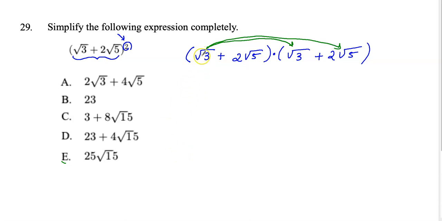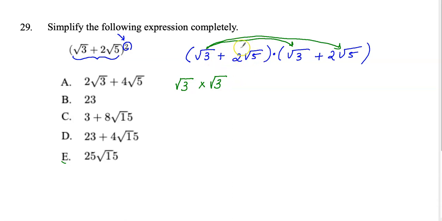So let's do that. Let's take this square root 3, and I'm going to multiply it. I'm going to use an x now for multiplication. That means times. Sometimes I use a dot. So square root 3 times square root 3. So I did that first piece.